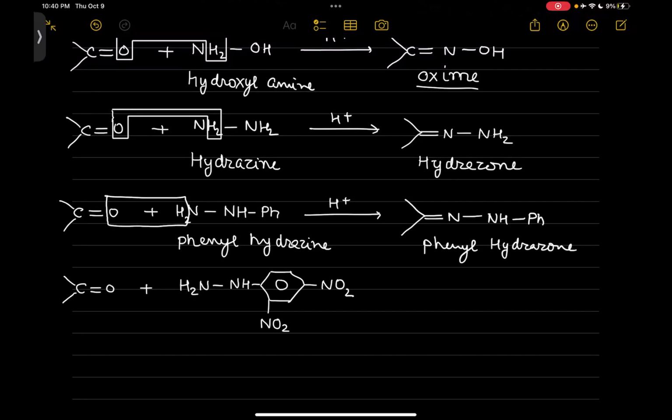So what is the name of the reactant and what is the name of the corresponding product? Tell me quickly.